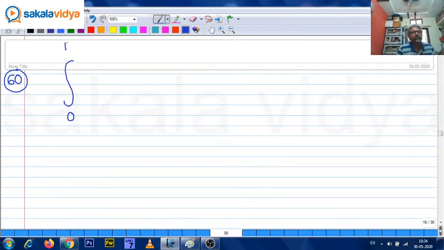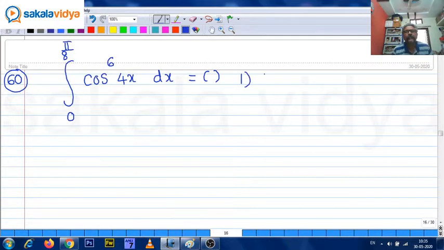Integral 0 to pi/8 of cos 4x to the power of 6 dx. First option is 5 pi upon 128.